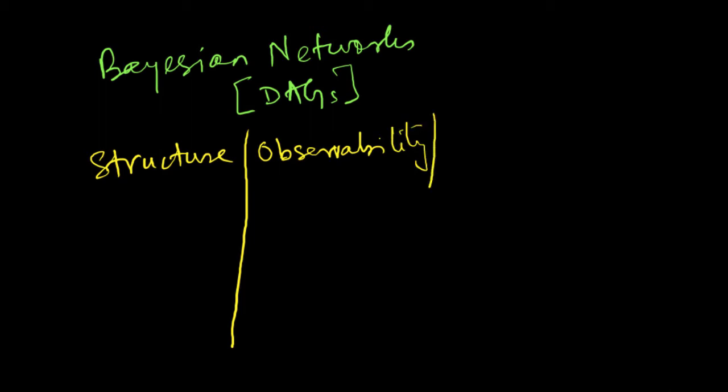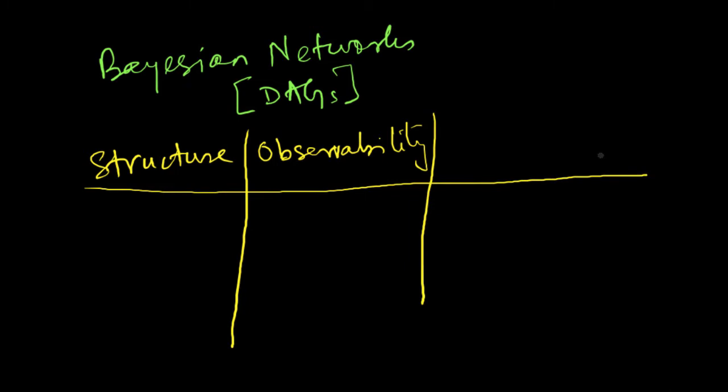So if you want to estimate those probability values, you need to be able to observe all the data values that you have. And depending on how much you know about the structure and how much observability is available to you, there are different kinds of methods that one has to use to estimate the Bayesian networks and their probabilities.